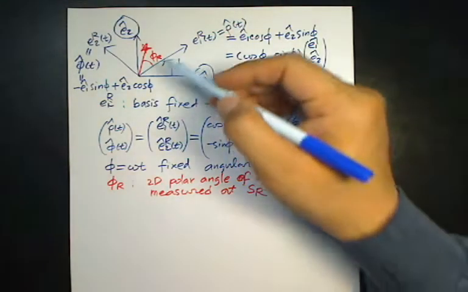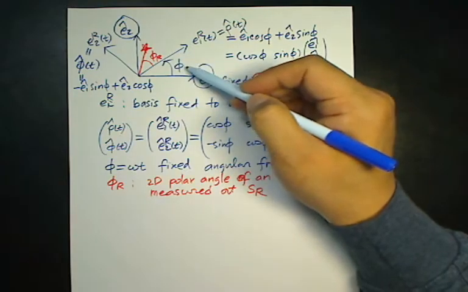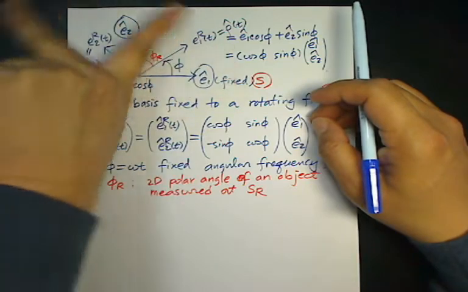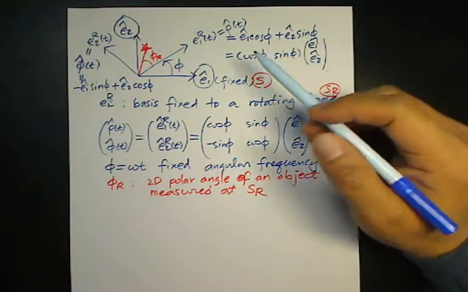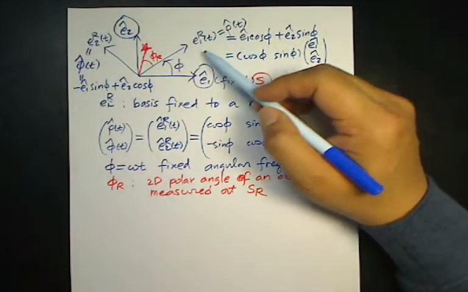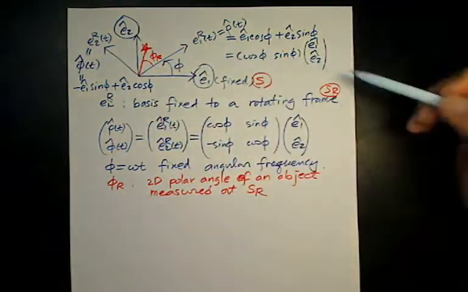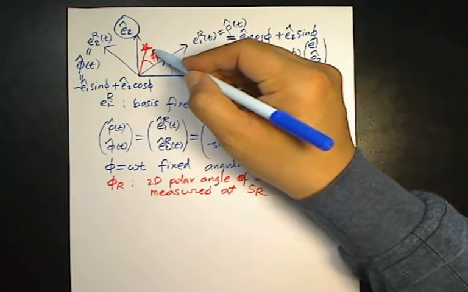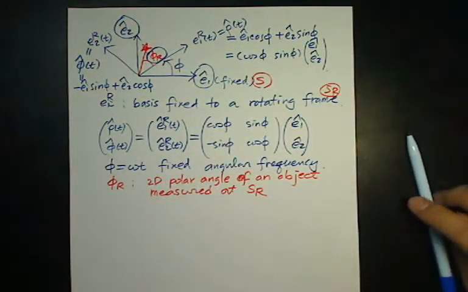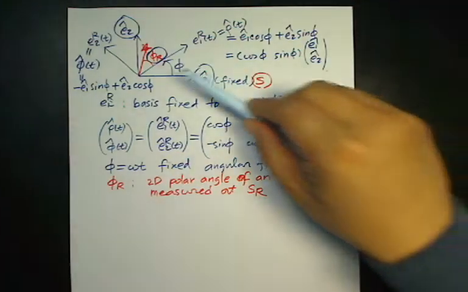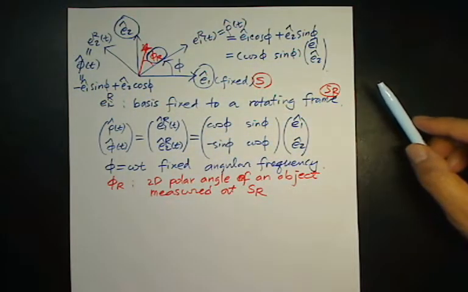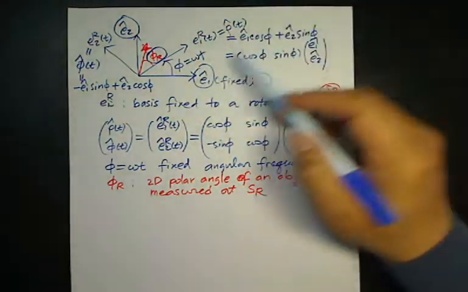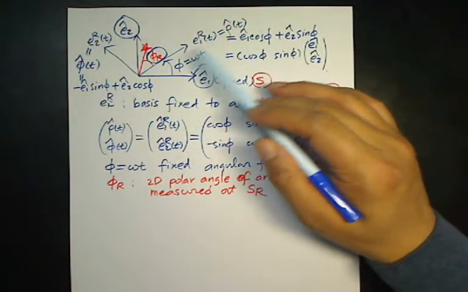However, actually this angle is varying as time goes on. This axis will keep rotating. Therefore, we have a time dependence of the unit vectors along rho and phi. This phi r stands for the azimuthal angle relative to this rotating frame. And this phi is actually omega t. That is due to the rotation of the axis.